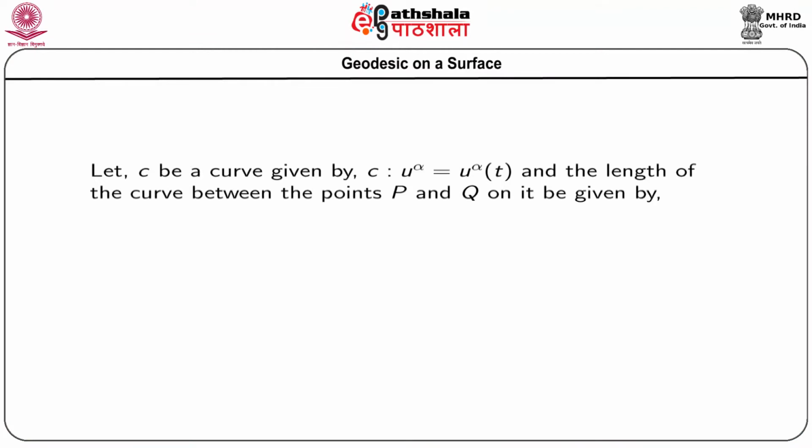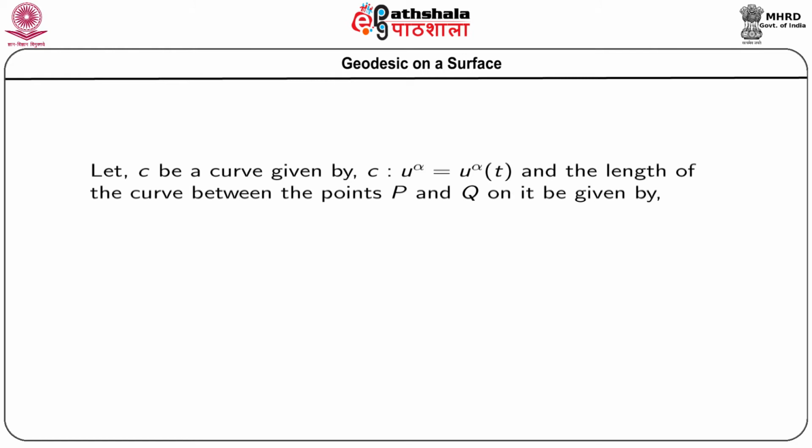Now, in this module, we are trying to find the definition of geodesic on a surface and its differential equation. So, let C be a curve given by C: u^α = u^α(t), where α is varying from 1 to 2.